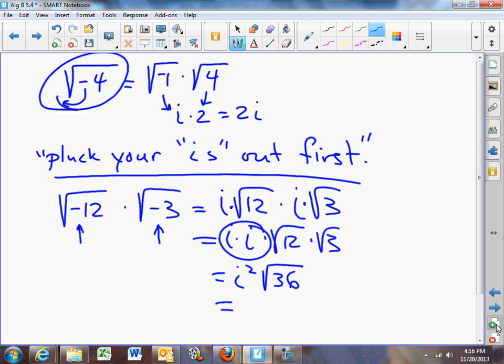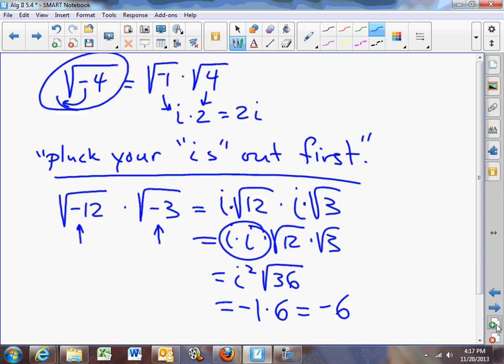Now i squared is the square of the square root of -1, so we get -1. And the square root of 36 is 6, so we get -6 for our answer. And that's the right answer. The square root of -12 times the square root of -3 is -6.